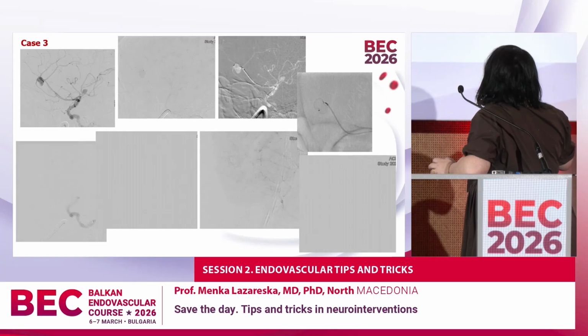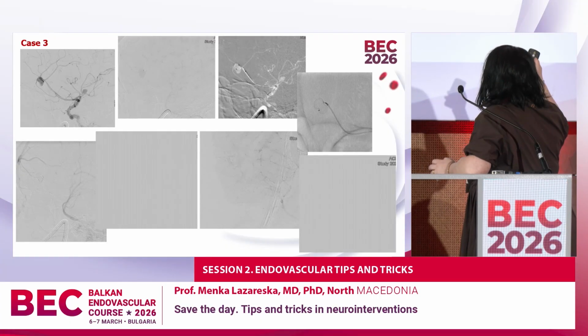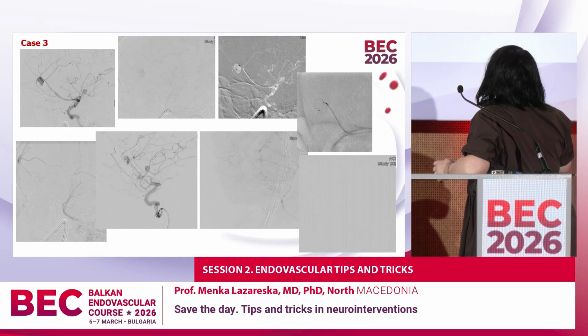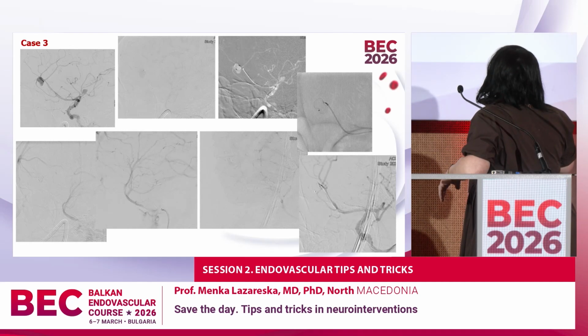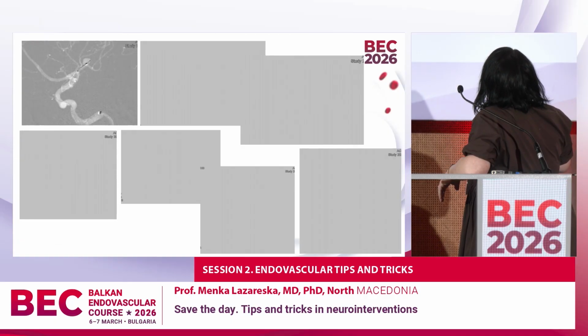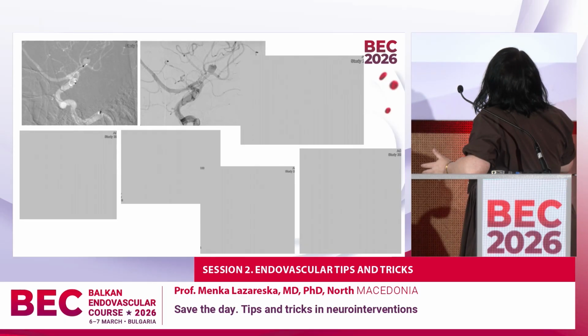We had immediate stasis, but after that we went to the flow-dependent aneurysm on the MCA. It looks very easy, but after positioning the second WEB in this second aneurysm, it's a zoomed image. When we have the unzoomed image, we can see what happened after placing the second WEB.